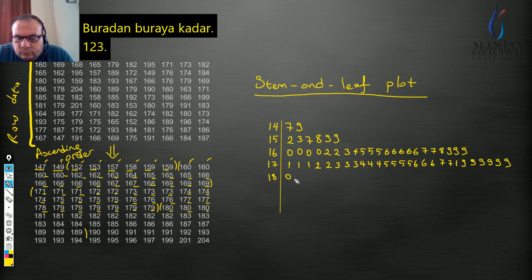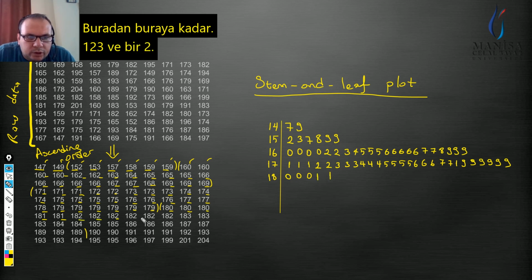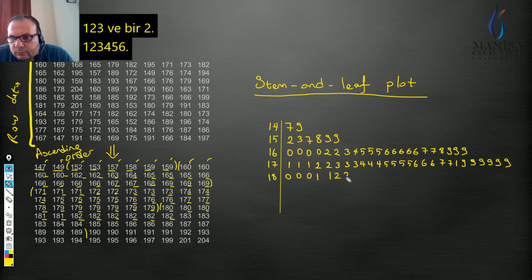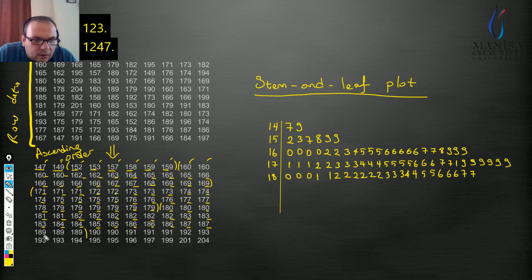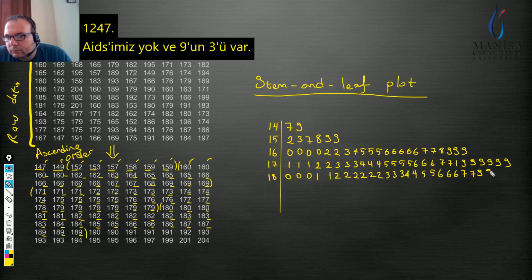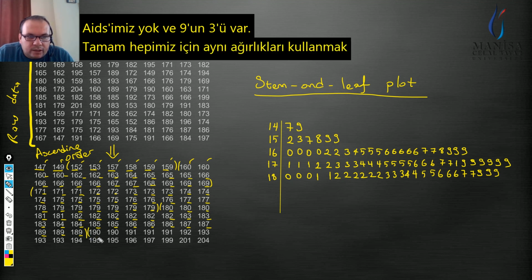We have to be very careful to use the same widths for all digits. We have no 8, and we have 3 nines.